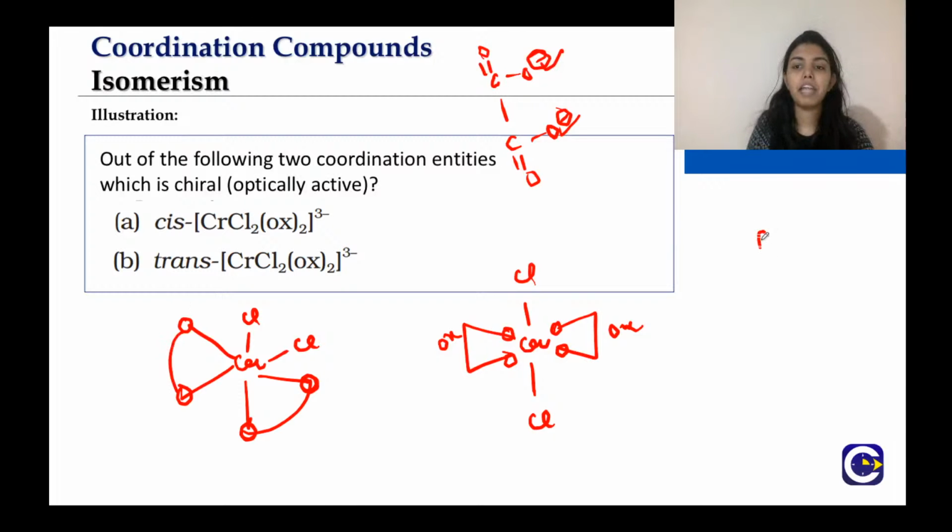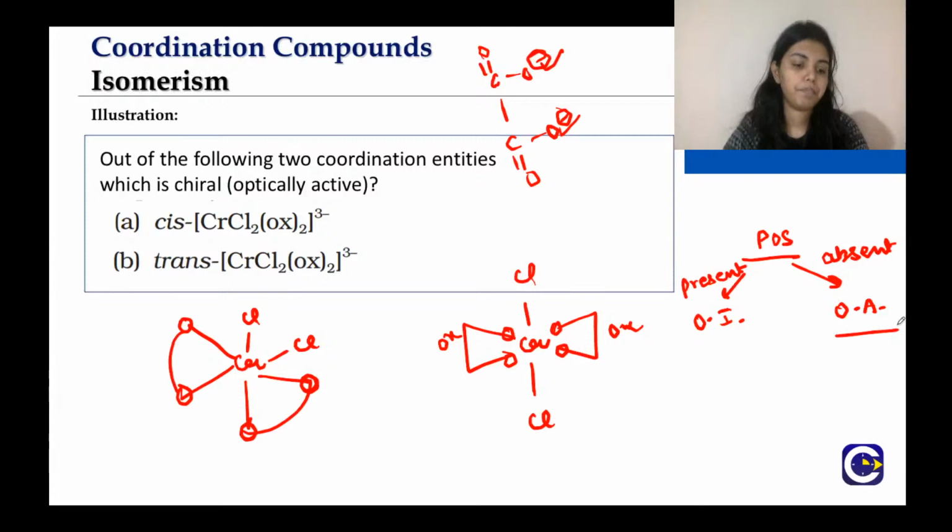You can remember that the one which will be having a plane of symmetry will be optically inactive. If plane of symmetry is present, it will be optically inactive. And if the plane of symmetry is absent, it will be optically active.